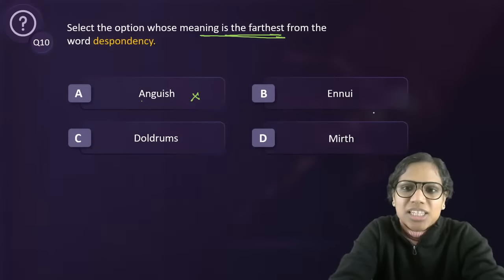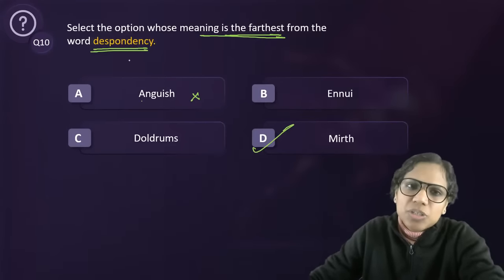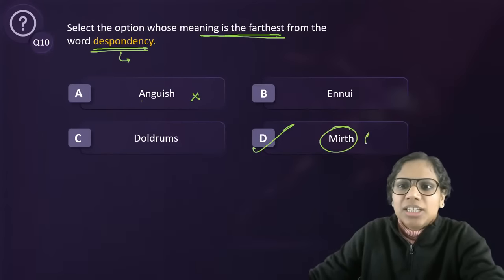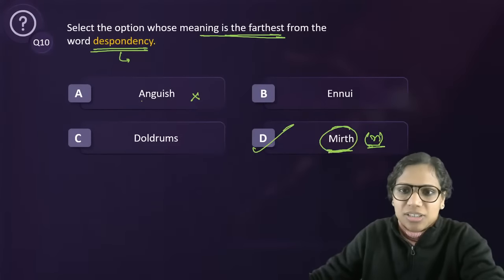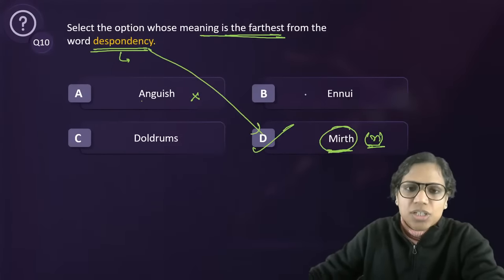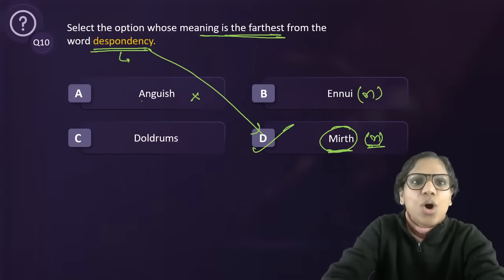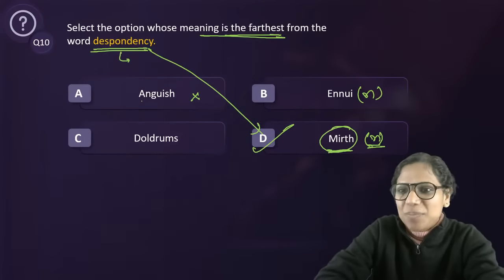So the answer is mirth. Absolutely. See, this one was easy. A despondent person is somebody who's sad, disappointed. Mirth, on the other hand, is fun, revelry, laughter. That is mirth. So this is the opposite. But for our knowledge, we should know the meanings of other terms also. Ennui is boredom. Okay, absolutely correct.